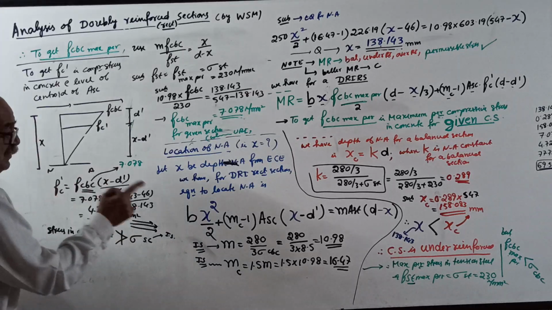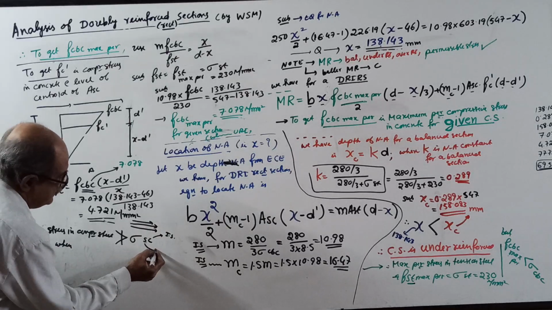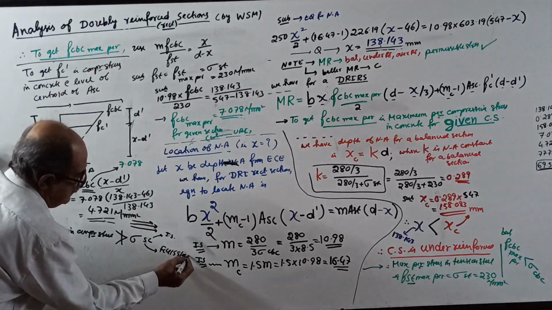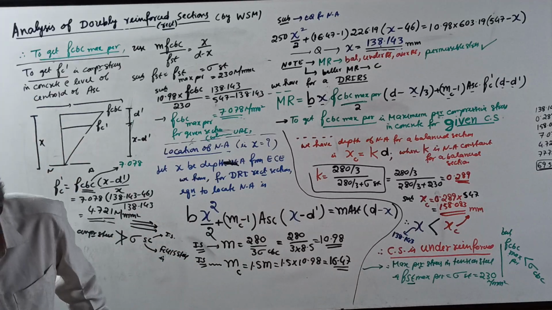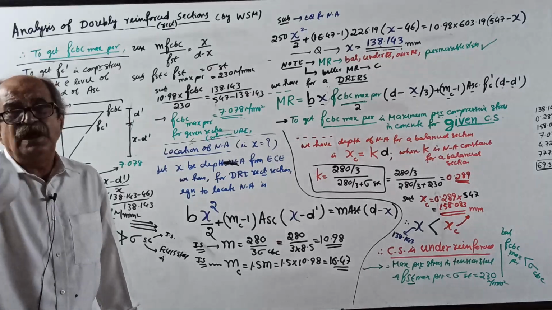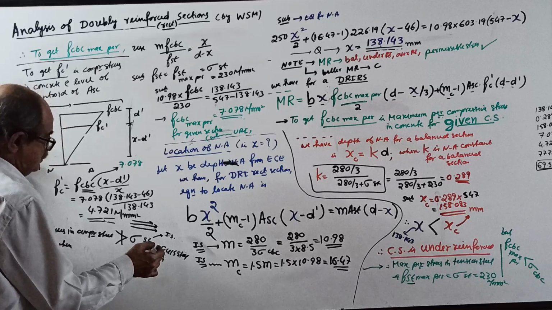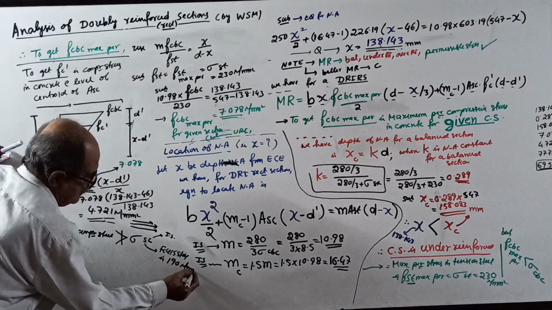Now see here. How to verify is when the sigma SC for Fe415 steel is, see the IS code. Here, I don't require. You search the table. You can see there. Compression in steel is 190 Newton per mm square.